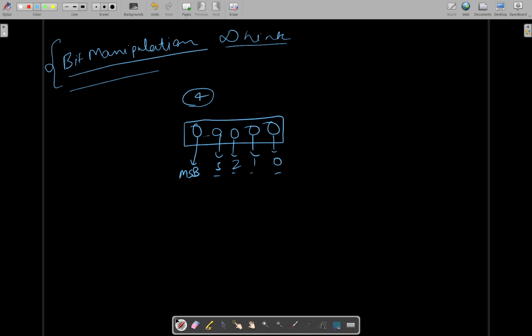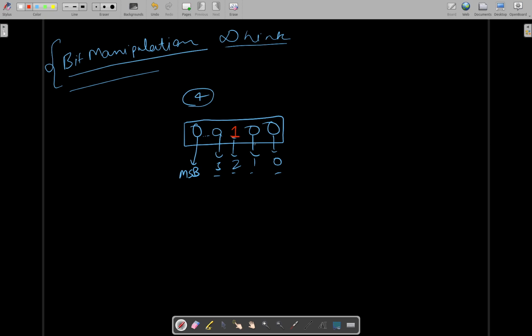So if a number is a power of 2, then only one bit will be set in its binary representation. So 4's binary representation is this, 2 raised to power 2. So this particular bit is set in 4's binary representation, and rest all the bits will be unset.